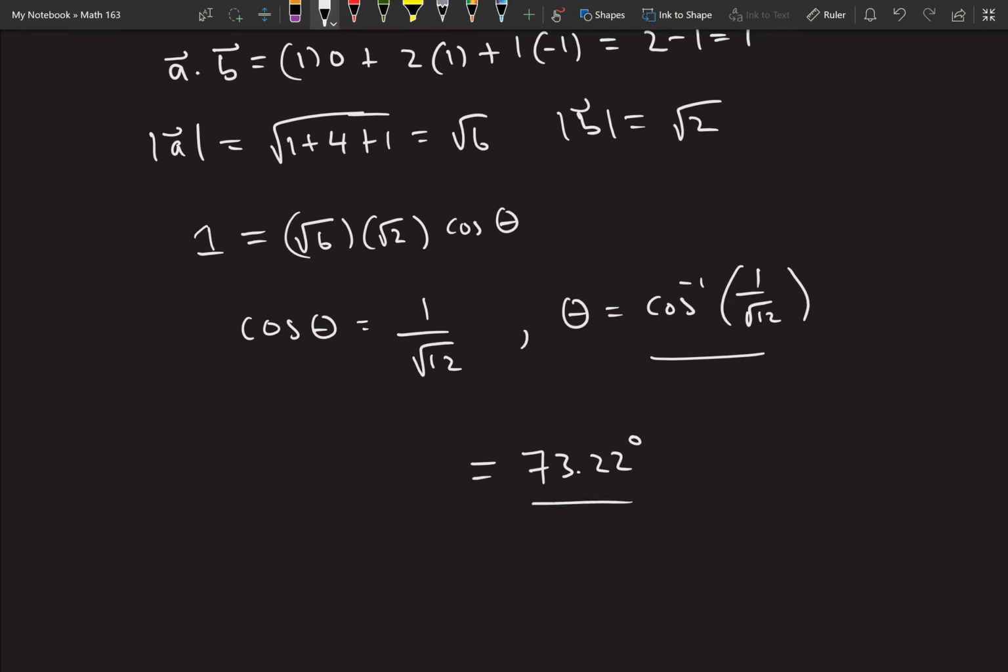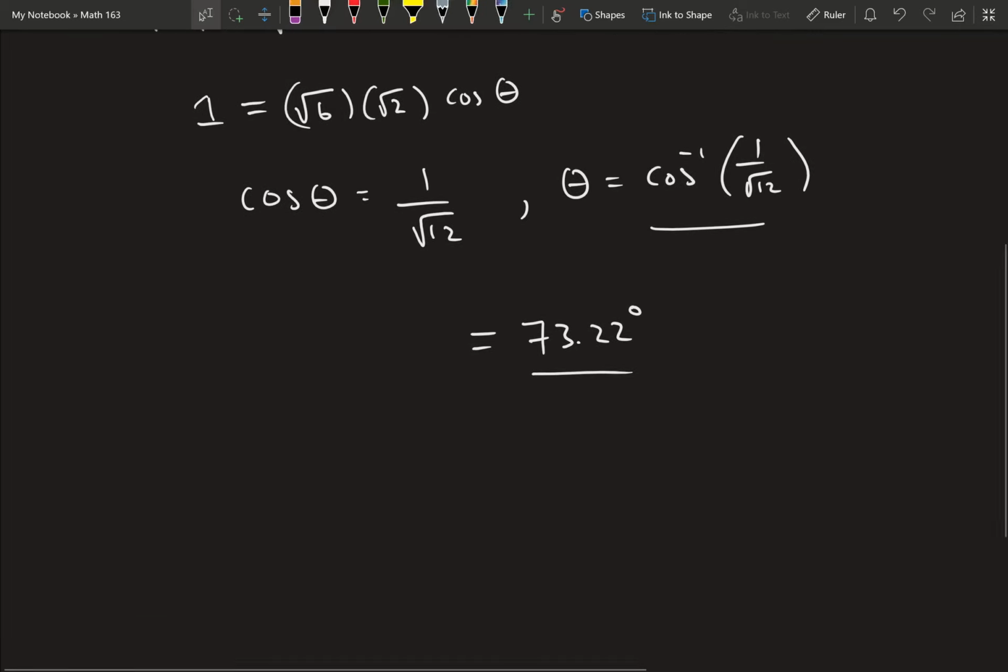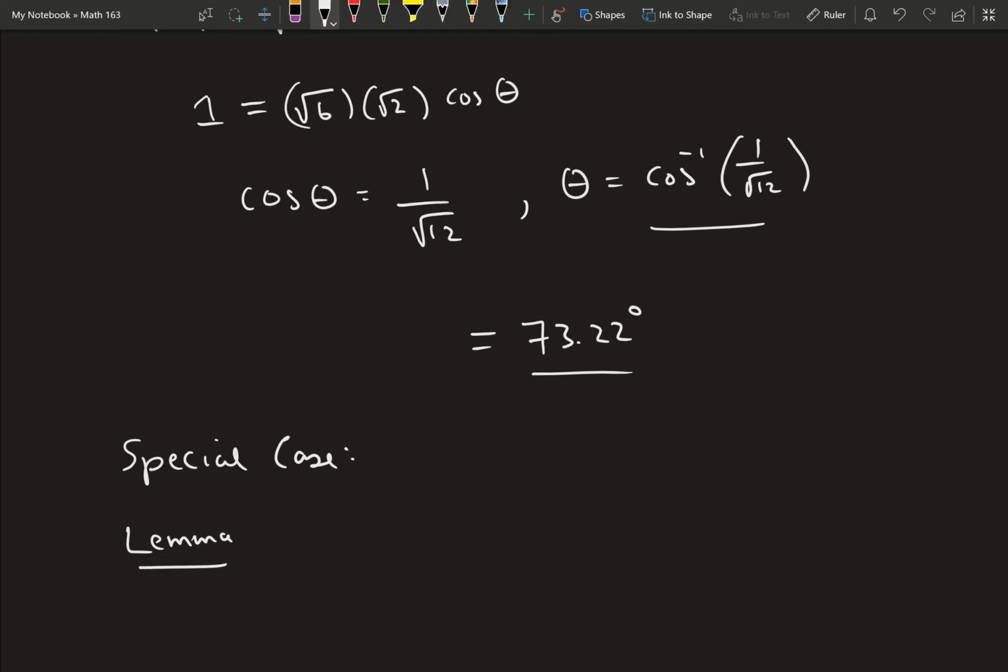Okay, so that's one type of example, finding angles between two vectors. But there's a special case of that, and we'll call it a little lemma because it's used so often that it maybe deserves a little bit of attention. Two vectors A and B are orthogonal.